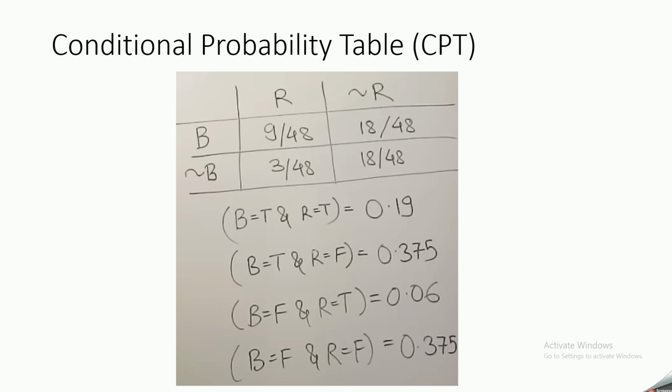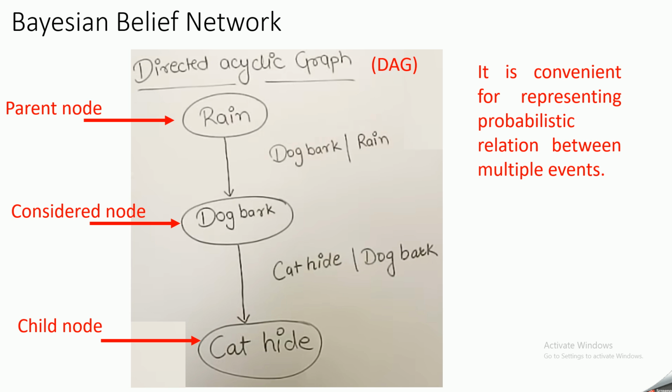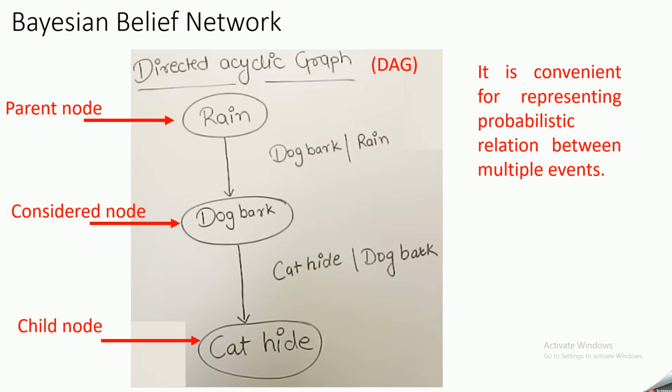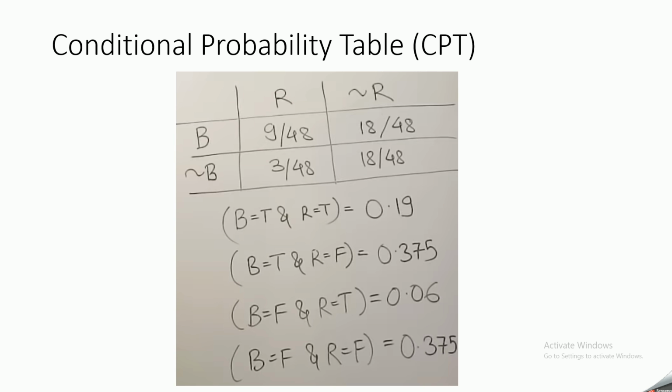The directed acyclic graph can be converted into a conditional probability table. This is just a random example where R represents rains and negation of R means it doesn't rain. Similarly, B stands for bark, that is the dog barks, and negation of B implies the dog doesn't bark.